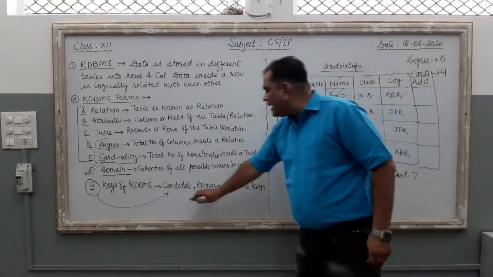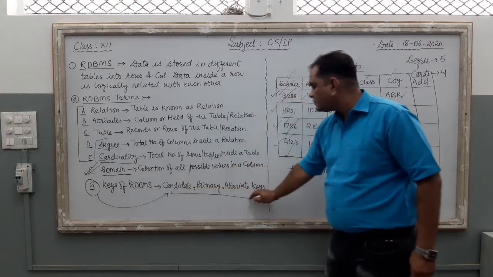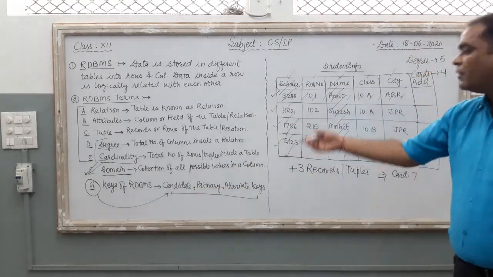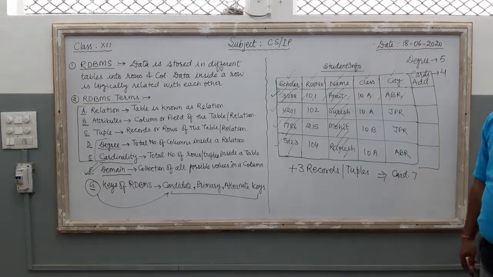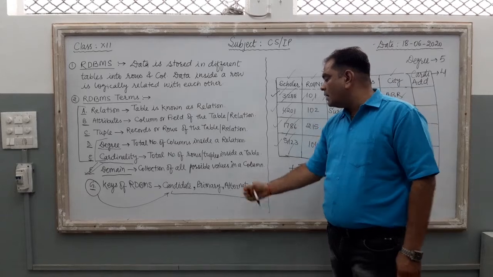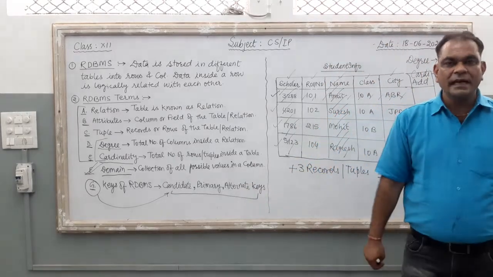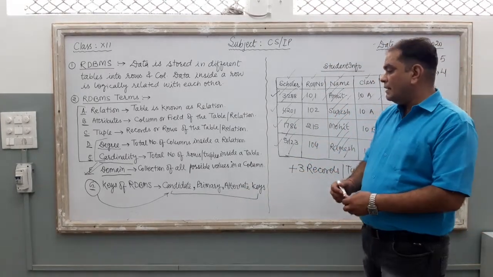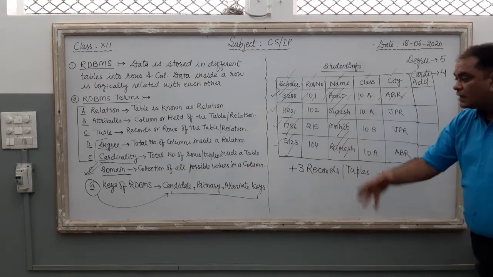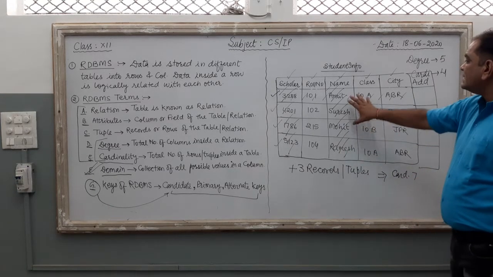There are three different keys related with the table. The first one is the candidate key, the second is the primary key, and the third is the alternate key. If you want to understand the concept of key clearly, just see the table.